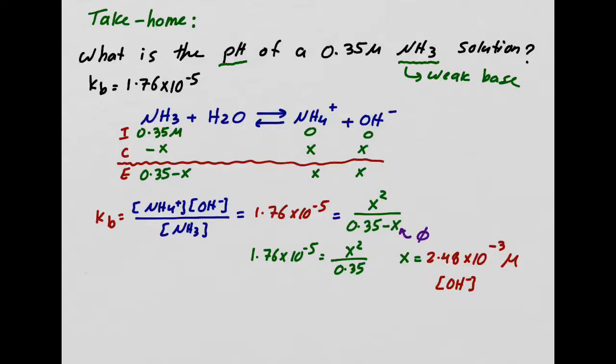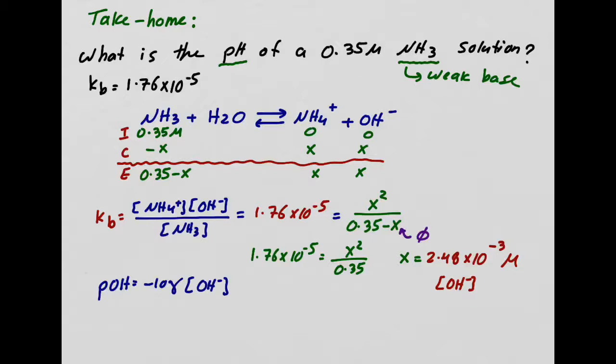Now this is not bad at all, because you know how to figure out the pOH. If I have hydroxide concentration, I can figure out the pOH, because pOH is minus log of hydroxide concentration.